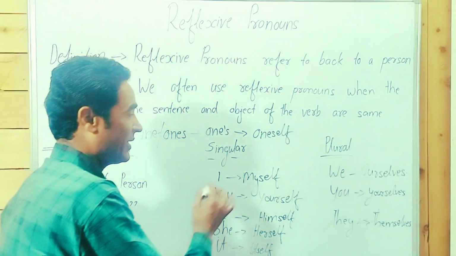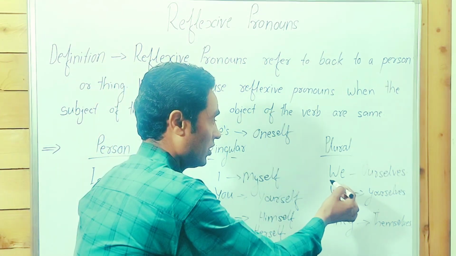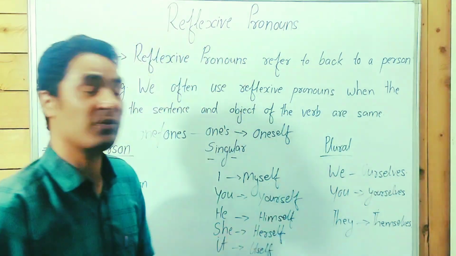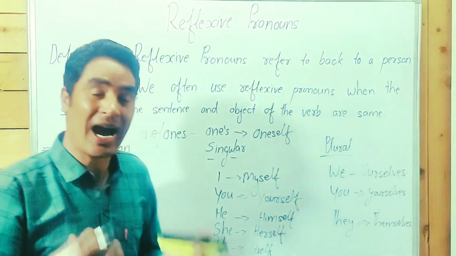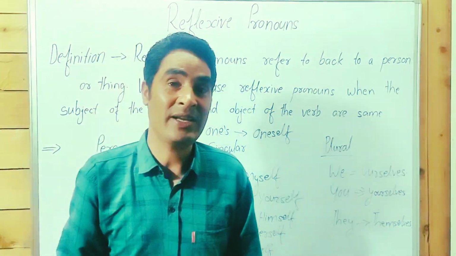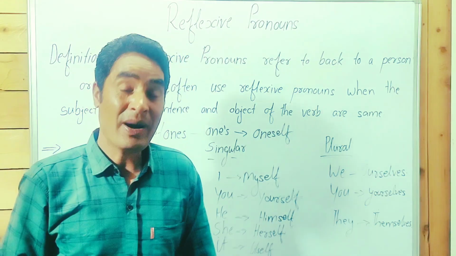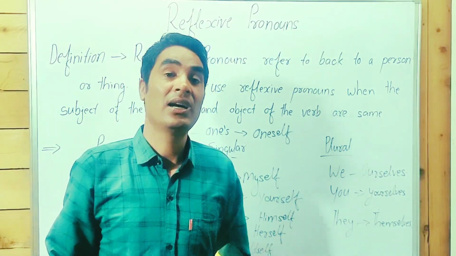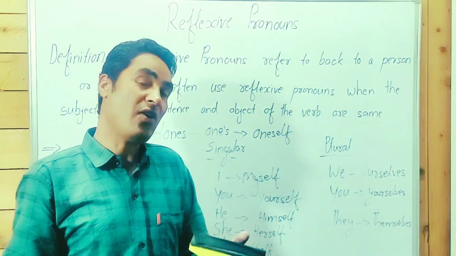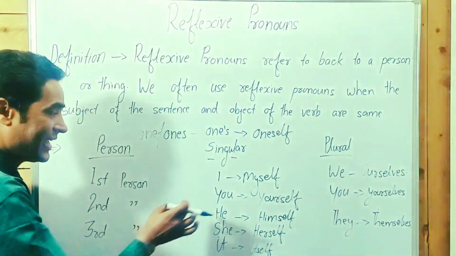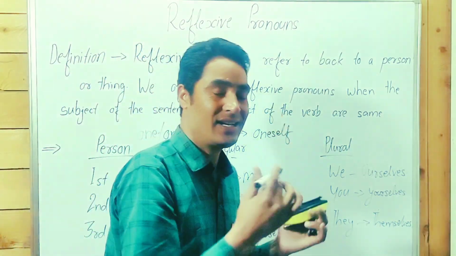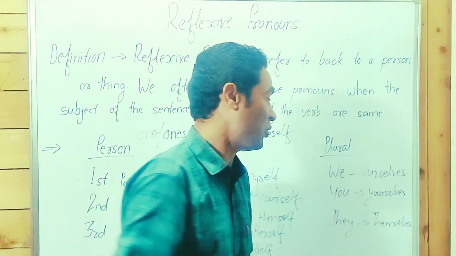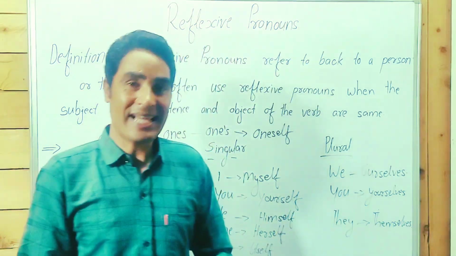Subjective case, objective case, reflexive case. Singular subjective case I, objective case me, possessive case mine, and plural subjective case we. Second person: you, objective case, yours possessive, and reflexive pronoun yourselves.